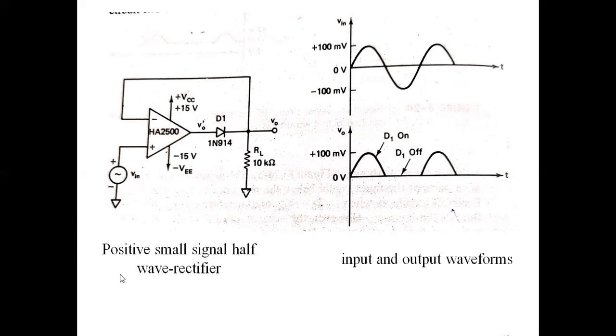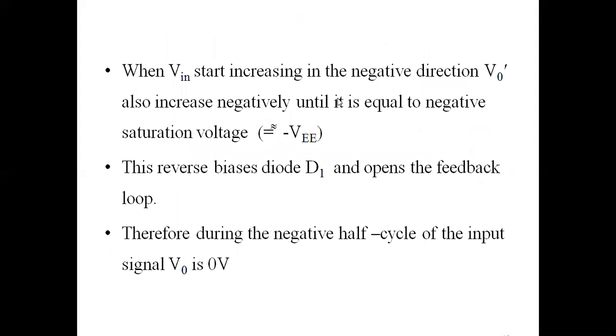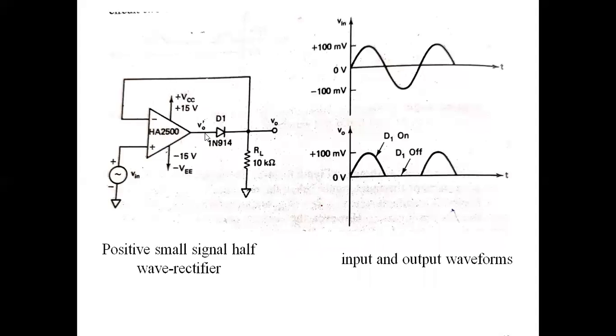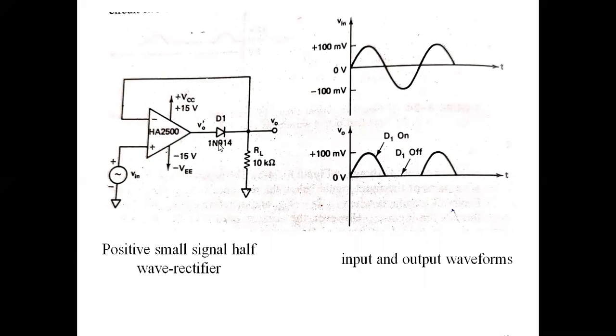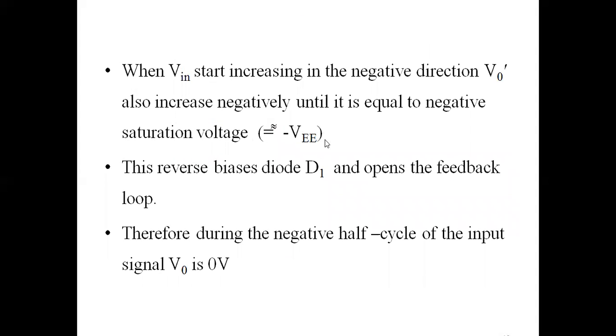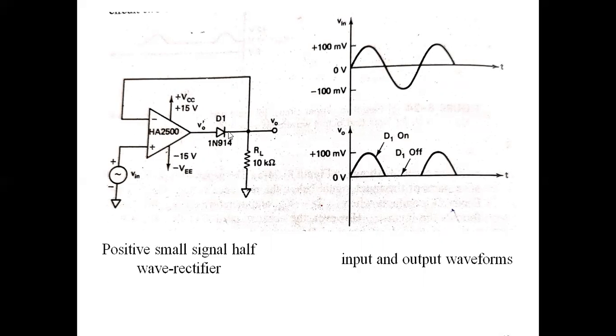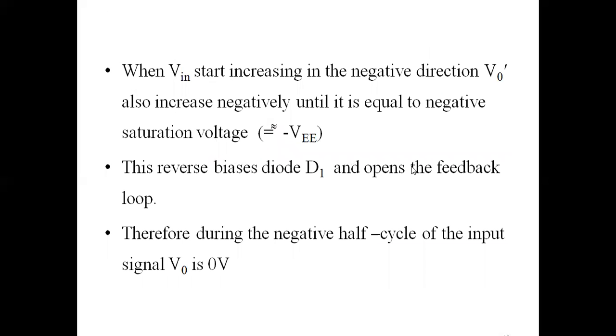For the positive small signal half wave rectifier, when Vin increases in the negative direction, the op-amp output V0 dash also increases negatively until it is nearly equal to the negative saturation value minus V. When that happens, it reverse biases the diode D1 and opens the feedback loop.